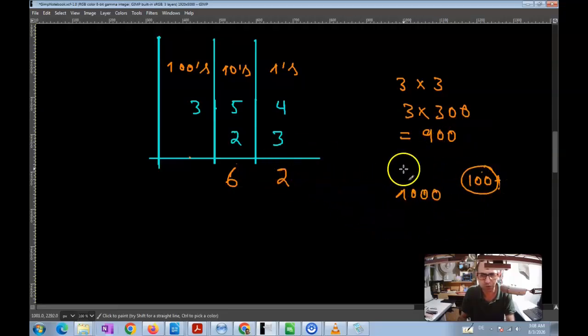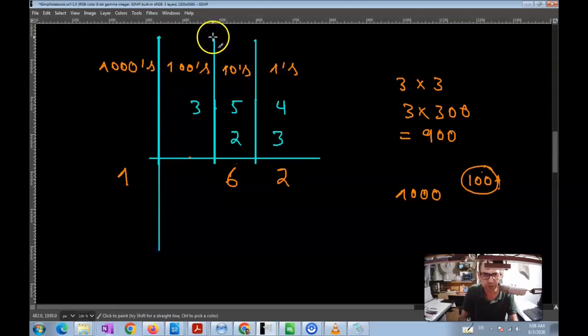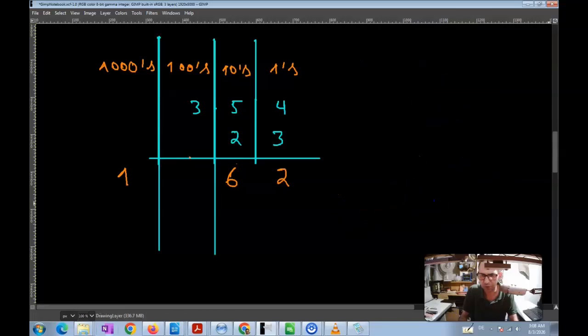So I'm going to add a new place value to the number, meaning I'm going to add the 1000's place value to the number and put a 1 over here. So 1 times 1000 is 1000. So then this 1000 is taken care of, so we can get rid of all of this.